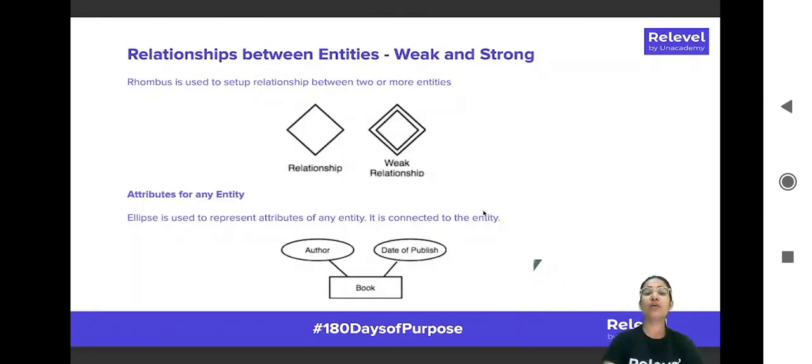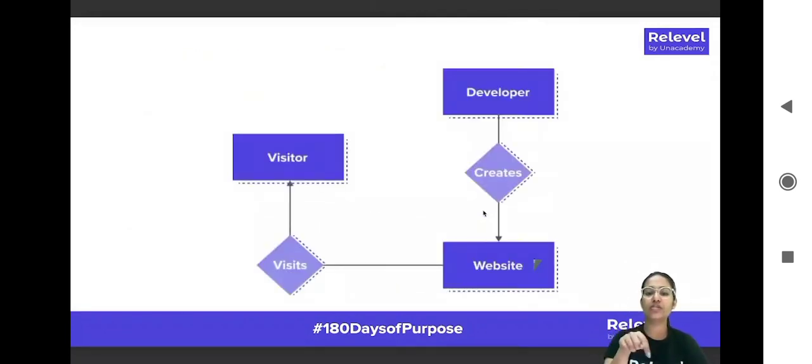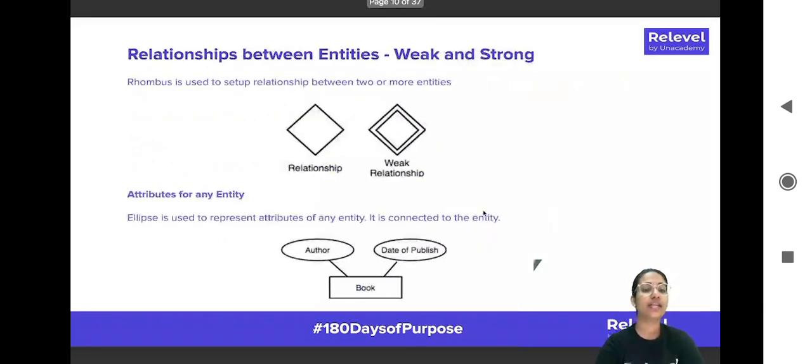Then we talk about a relationship between entities. You must have seen over here that we were using diamond boxes to represent the relationship between the entities. Now the thing is, when you try to represent relationships between the entities, a relationship can actually be of two types. A relationship could be a weak relationship or it could be a strong relationship.